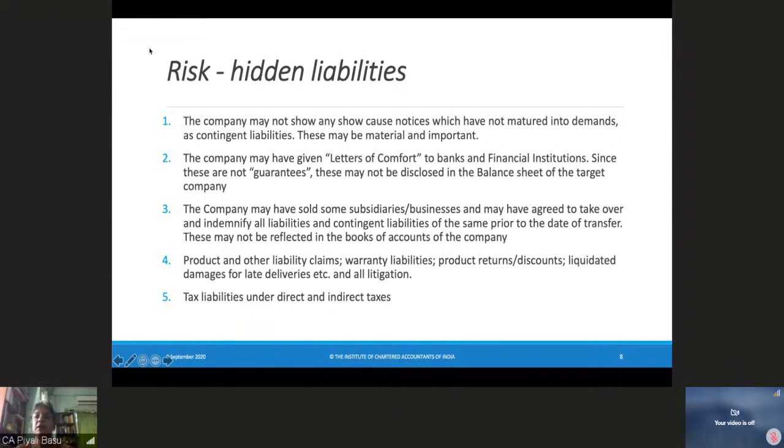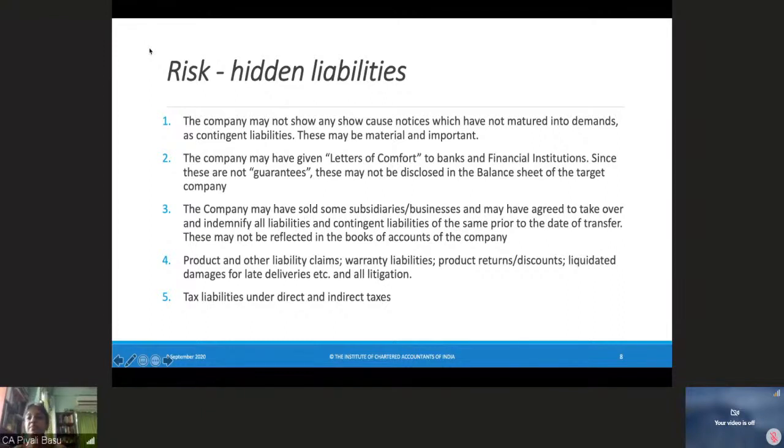Please remember, in a due diligence assignment, it is the member's responsibility to review the data of other companies related to this particular company which is put up for sale. For example, those to whom this company has given a letter of comfort: how viable are they, how good are they?